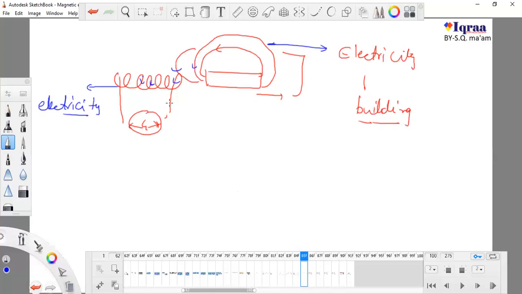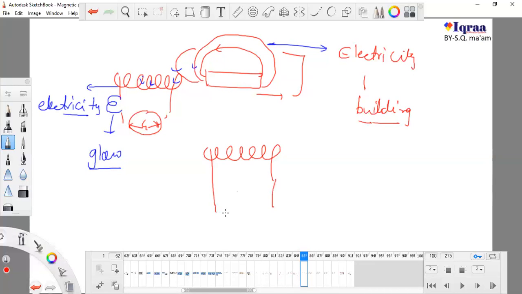So if I use this magnet, I have conducted electricity, I have made electricity flow. And if I join something here, like a bulb, or a TV or tube light, it will get electricity and the bulb will glow, or illuminate.